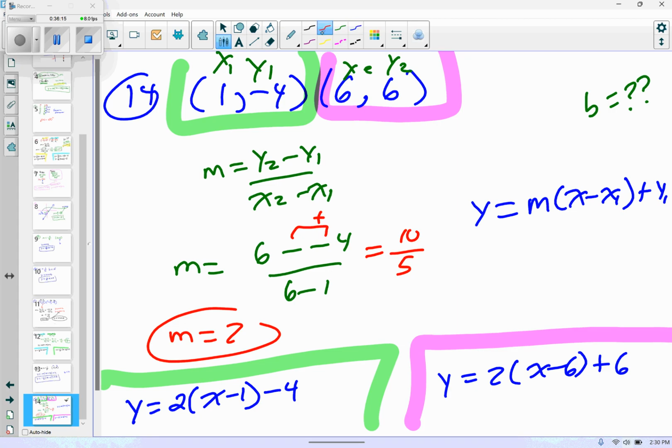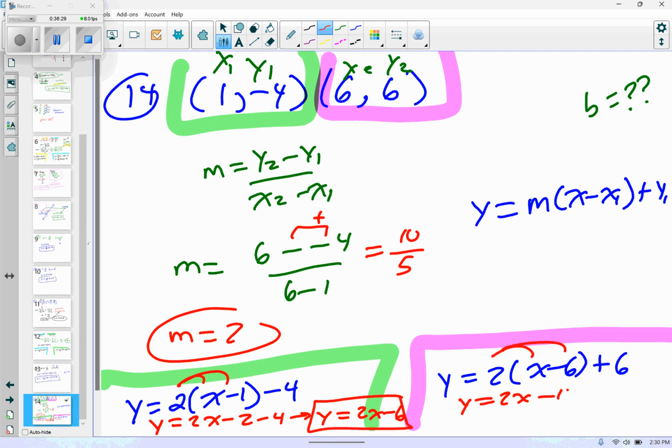So y equals 2x minus 2 minus 4, that gives me y equals 2x minus 6. If I do the same thing here, combine those like terms. Those are the same. So all I did is I went from point slope to slope intercept.